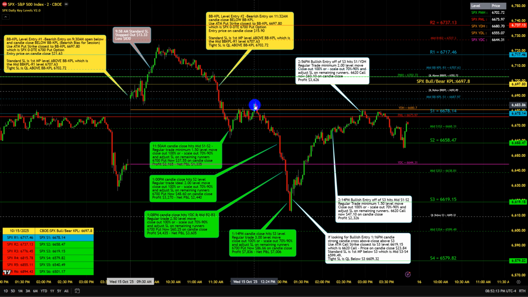Okay, so we did get a retrace here. However, remember that if you adjusted your stop loss to break even or a 10 to 15% buffer, you're not getting stopped out here. So that's why on your first adjustment, you don't add some 50% profit buffer, because that's just too much.